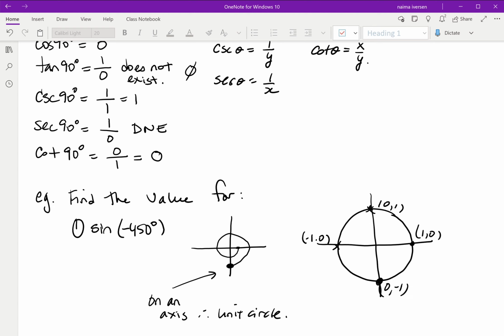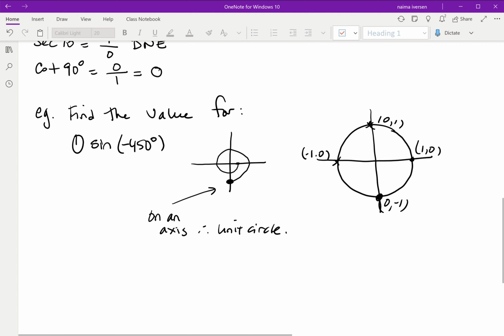So when we want to figure out our value, really decide that you're using the unit circle for this, and then we can figure out our ratio using those x's and y's. So let's figure out which ratio it is that we want to use.